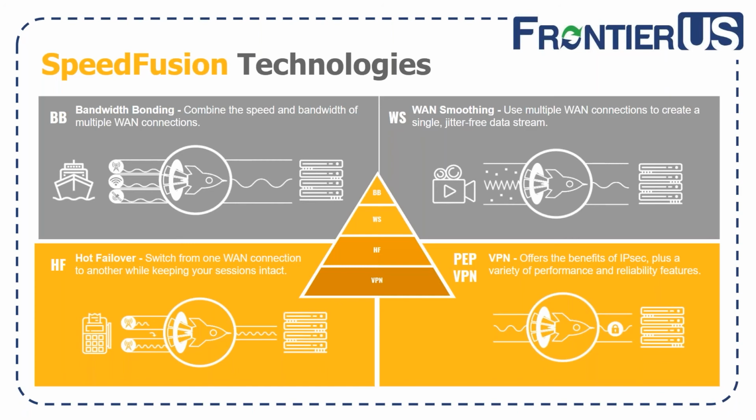The next VPN technology we talk about is WAN smoothing. This is a new technology that's come up over the last 2 years, and one that we're seeing great adoption with. WAN smoothing is where you use multiple links in your VPN and you send duplicate connections or packets down each of those links.